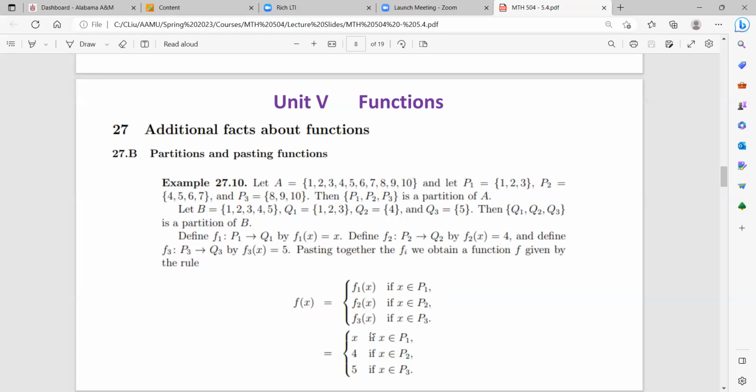If you write everything down specifically, f of x equals x if x is in P1, because of the definition of f sub 1, and f of x equals 4 if x is in P2, again just the definition of f sub 2, and f of x equals 5 when x is in P3, where the definition of f sub 3 is exactly that. So we got a piecewise defined function, basically, and that's it.